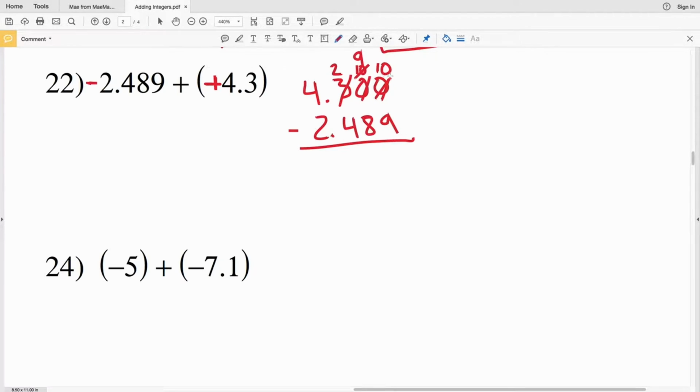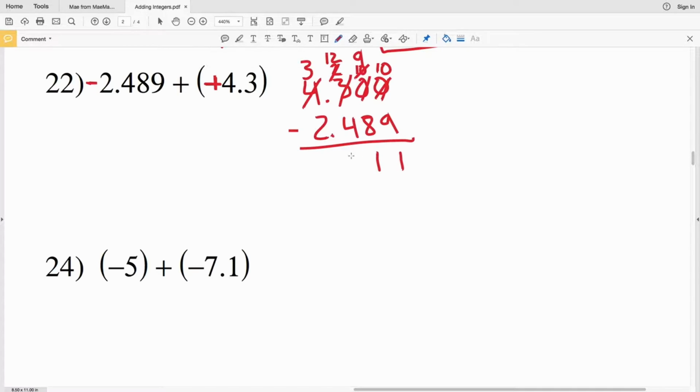Now we can subtract 10 minus 9 to give us 1, 9 minus 8 gives us 1, 2 minus 4 we can't do, so again we're going to borrow. So this becomes a 3, and this now we're going to add 10 to that 2 to get 12.